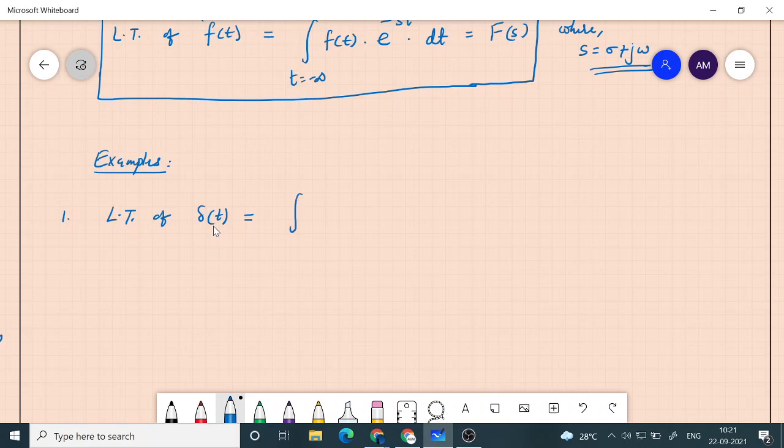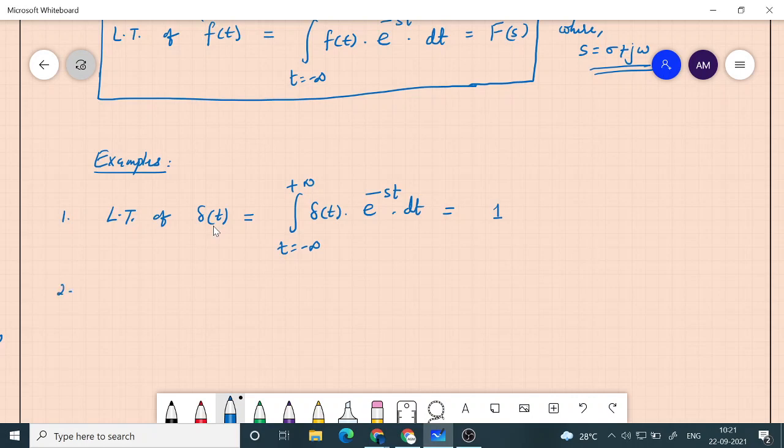So apply the formula. T going from minus infinity to plus infinity. Instead of the function f of t, you put delta of t into e raised to minus st dt. What will it give? It will sample the value of this multiplied function e raised to minus st at t equal to 0, where the impulse occurs, and you will get it as 1.